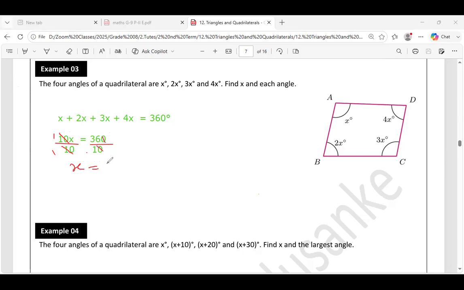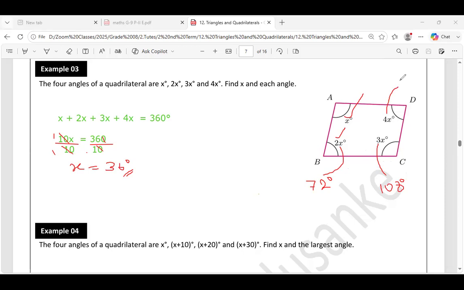We have to cut down the 0. 36 degrees is the answer. That is the value of x. What is 2x? 2 times 36, 72. And then 3x, 3 times 36, 108 degrees.